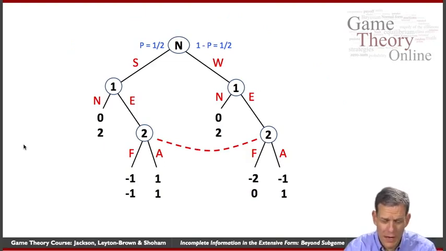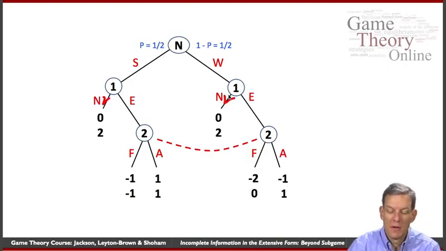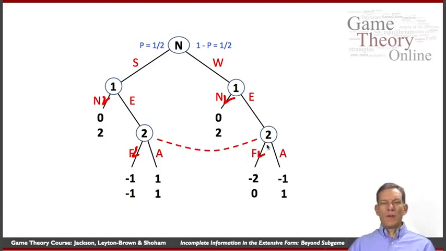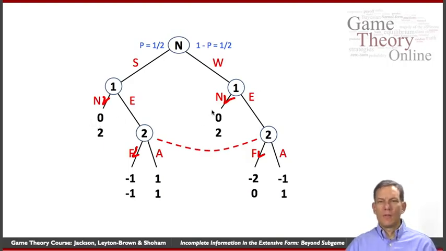So if we're looking at Nash equilibria, let's look for a couple of them. Let's take a peek at one where firm one does not enter. So no matter what, firm one does not enter, whether they're strong or weak, and firm two plans on fighting. Firm two says, I'm going to fight you if you enter, and firm one says, oh, that's bad, I'm going to get negative payoffs, therefore they don't enter.